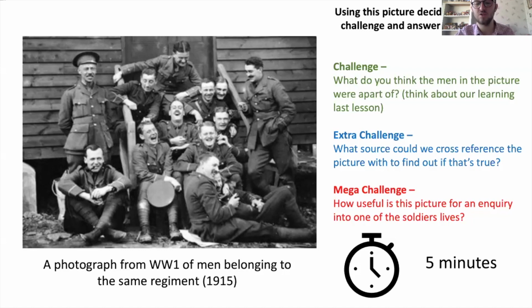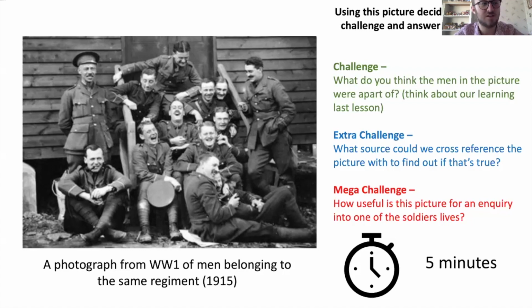So what source could we use to cross-reference the picture to find out if it's true? Well, we could use, we were talking about last session, census information. Now, if we have census information on these men, it would tell us the birthplace. If we can work out the birthplace or where they were living before the war, we could work out if they signed up together from a similar village.